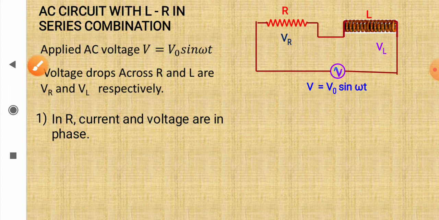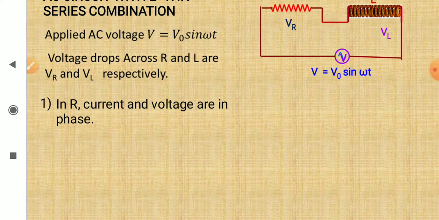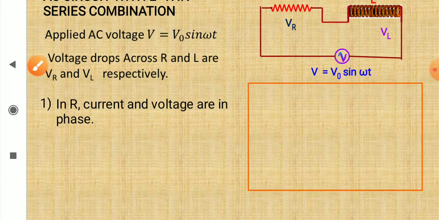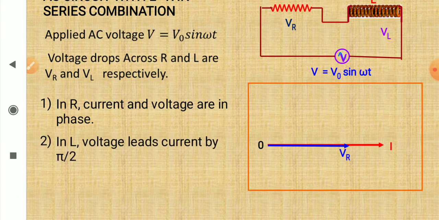In a resistance, current and voltage will be in the same phase, and in an inductor, voltage leads the current by pi by 2.